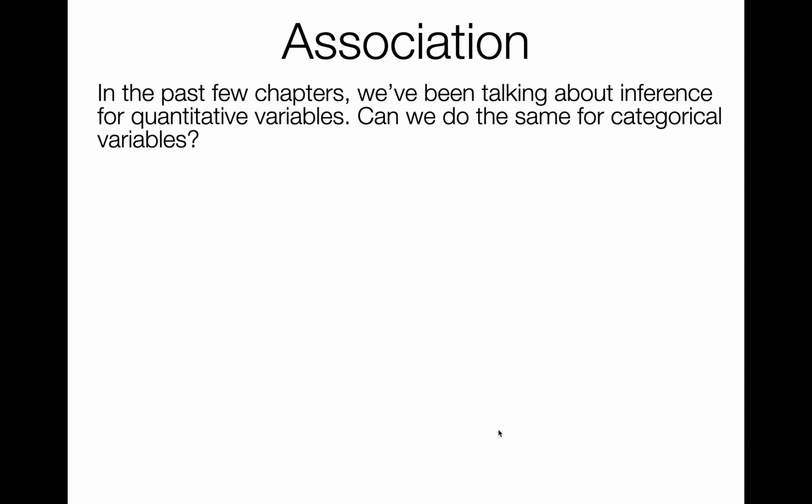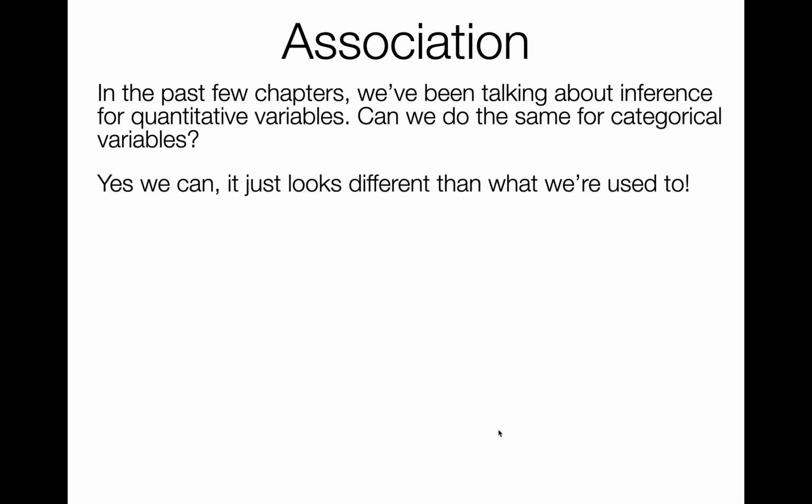All these questions we're going to try to answer here. And so the first answer, which is simple, is yes, we can do inference for categorical variables. It just looks very different than what we're going to be used to. But the ideas of a hypothesis test stay the same, it's just going to look very different.